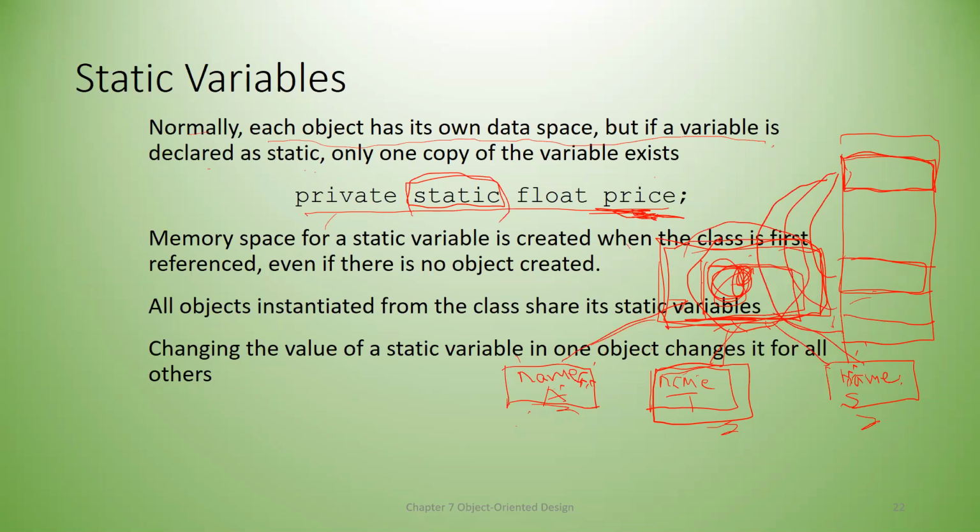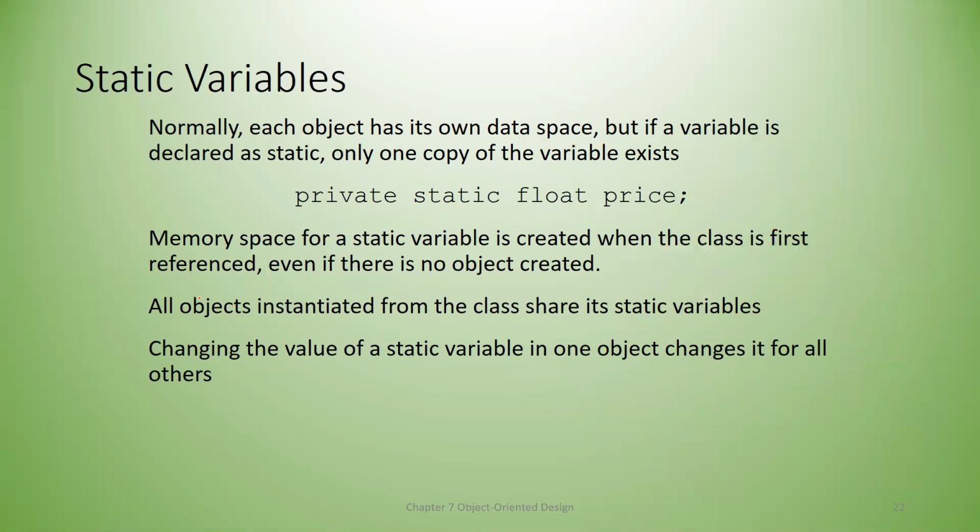So if one object changes the value of a static variable, then that value applies to all the other objects. That means for the other objects, if you change it again, you will base your change on the previous changes. It applies to all of them. All objects instantiated from the class share a static variable. Changing the value of a static variable in one object changes it for all others.